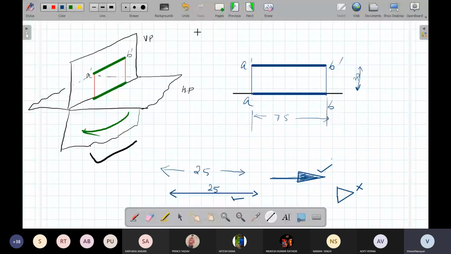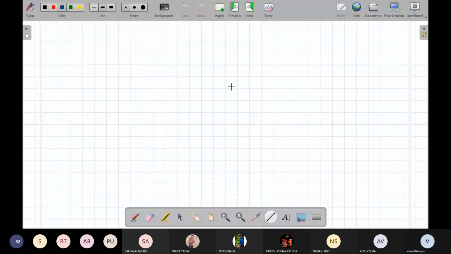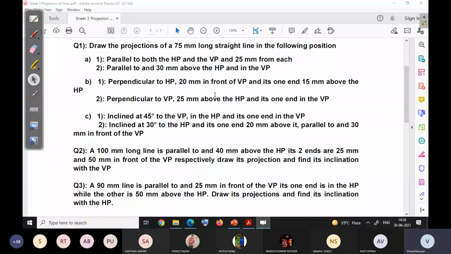Okay, so we move on to the next question. That is perpendicular to VP, 25 mm above, and its one end is in VP and above HP. Okay, so it is perpendicular to VP.